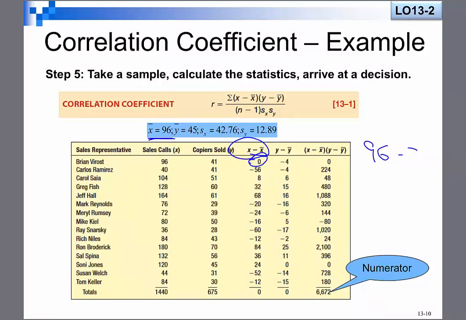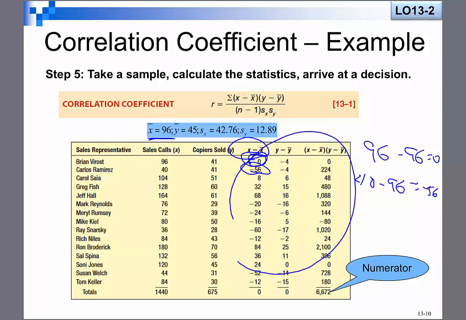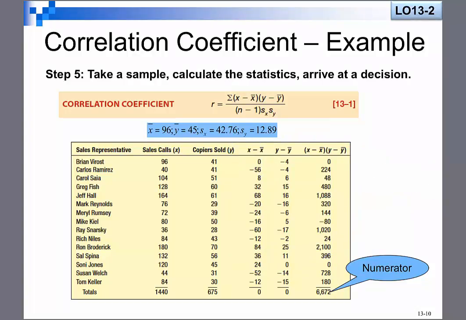Okay, 96 minus 96, 0. And that 0 is right here. And then the next one, 40 minus 96 gives you a negative 56, okay, which is right here. So if you do that consistently all the way down for all 15 observations, right, you will get data that looks like this, okay?